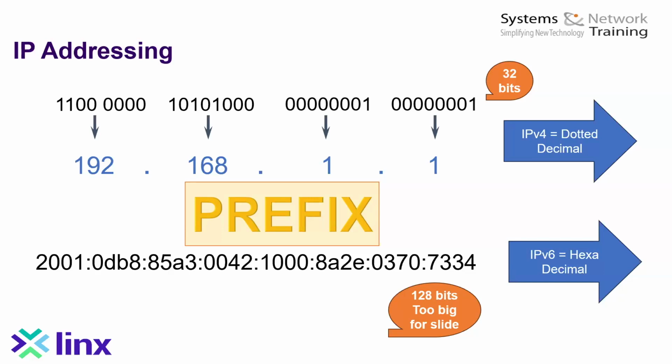If there are duplicate prefixes in different parts of the world, which one do I send the packet to? So prefixes are unique. They represent a network number, and they represent the network where all of our devices that connect to the network belong.